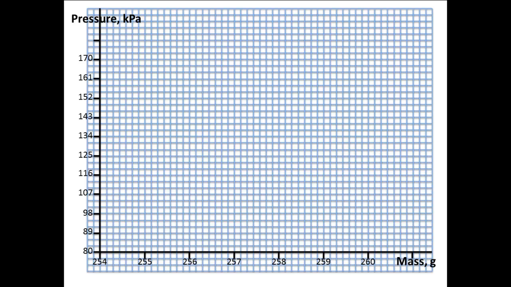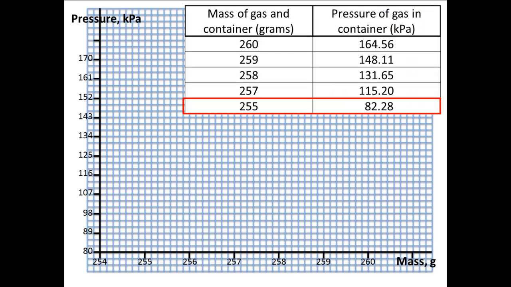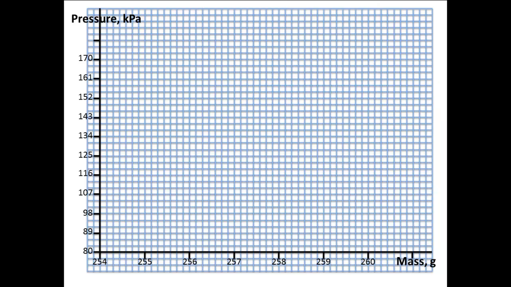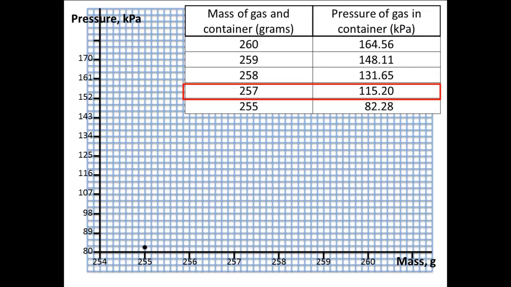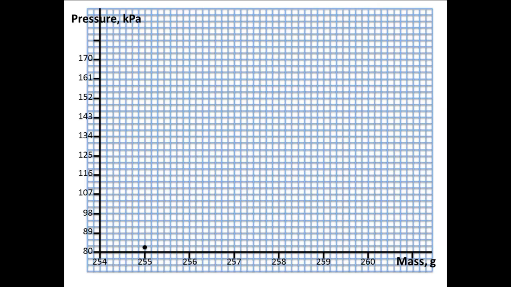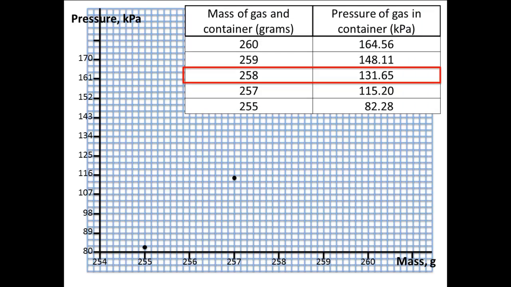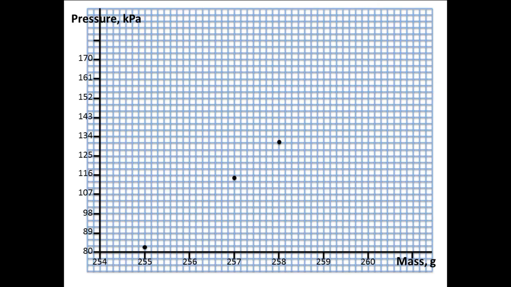Let's start with the lowest value, 255 grams and 82.28 kilopascals. That point goes here. The point 257 grams, 115.20 kilopascals, goes here. 258 grams, 131.65 kilopascals, goes here.